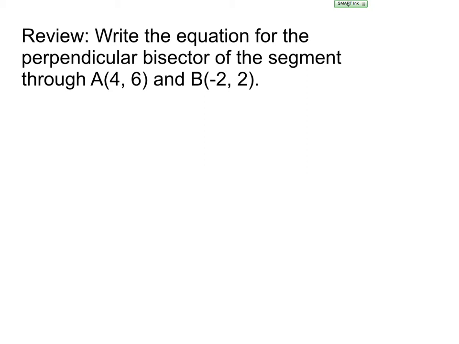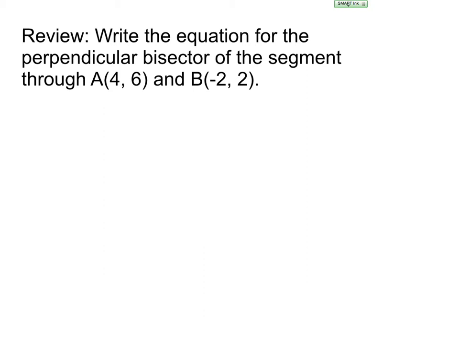What's the slope of segment AB? Which formula is the slope up here? The third one down is the slope. That's what you're doing right now, right? And you get, what, 4 over 6? Reduces to be 2/3?